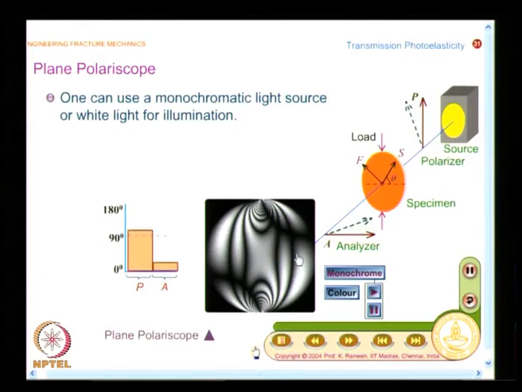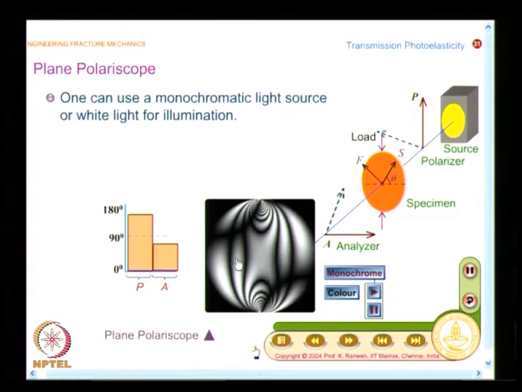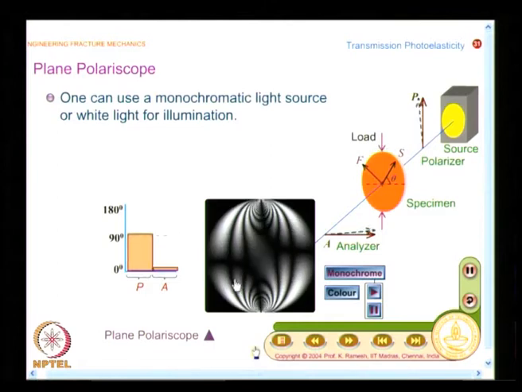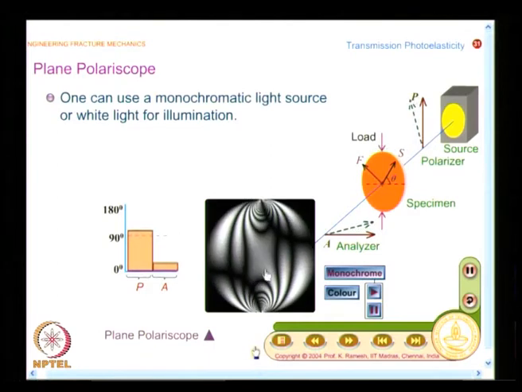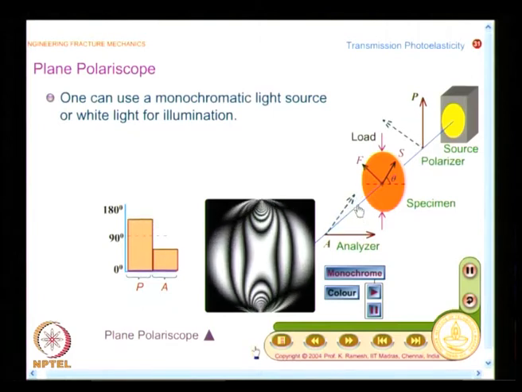When I rotate them, what I find is one set of contours remains stationary, while these contours keep changing and sweep the entire model. This dotted line shows that the polarizer and analyzer are rotated and kept crossed.